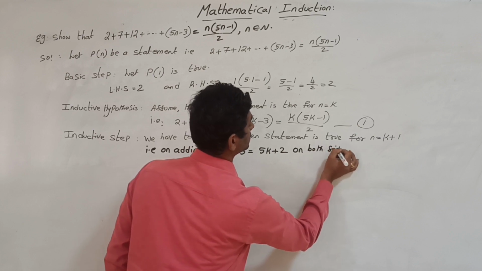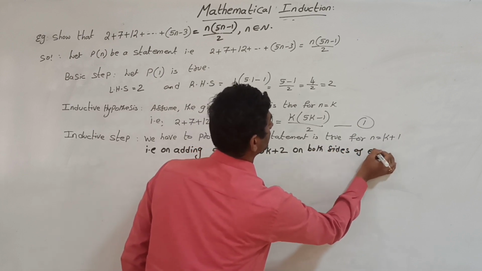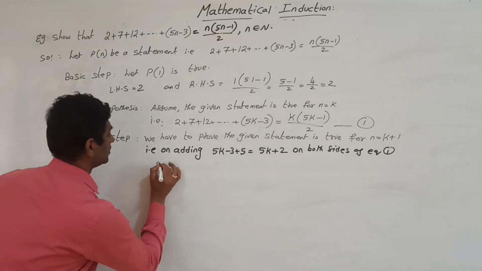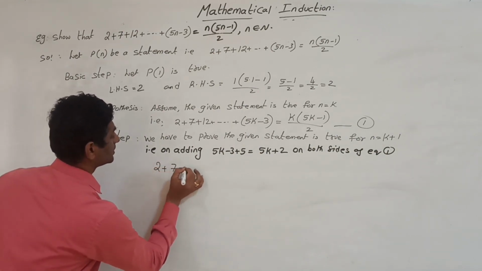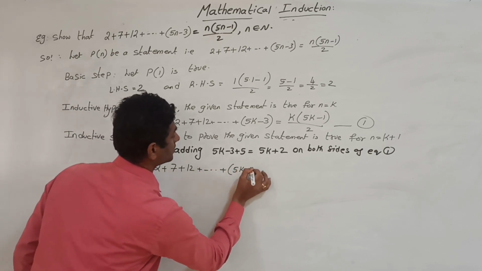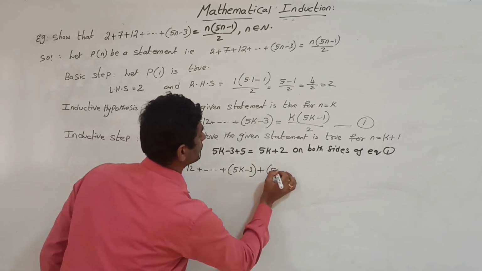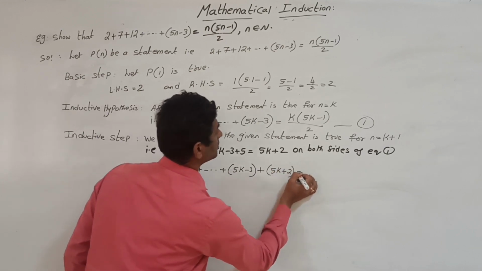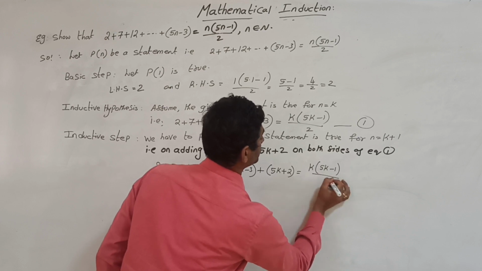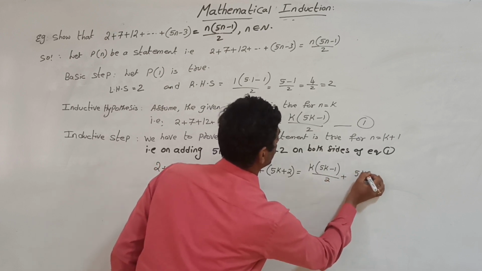On both sides of equation 1, that is 2 plus 7 plus 12 plus so on plus 5k minus 3 plus 5k plus 2 is equal to k into 5k minus 1 by 2 plus 5k plus 2.